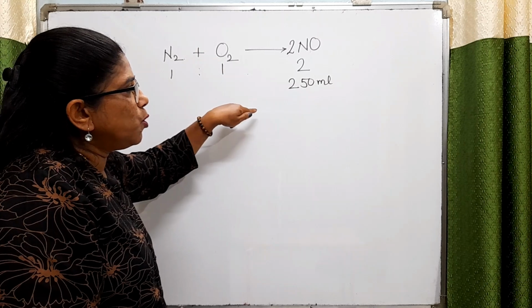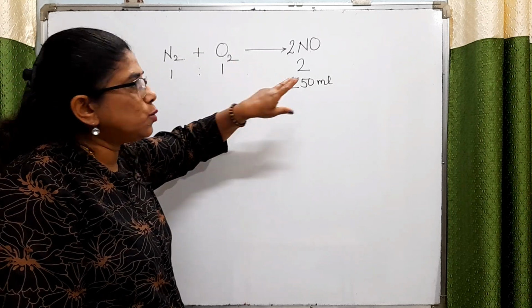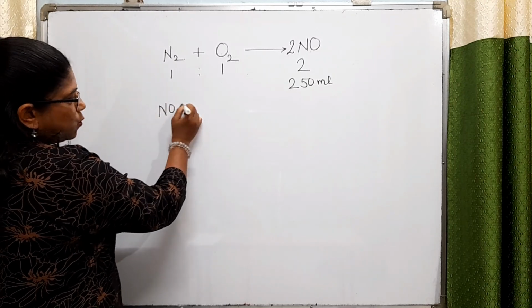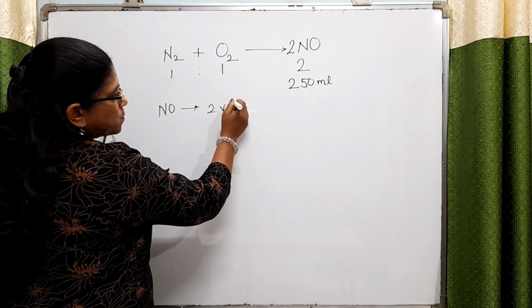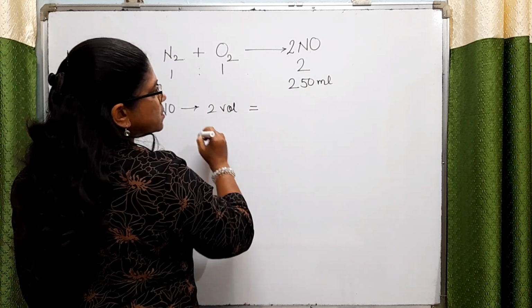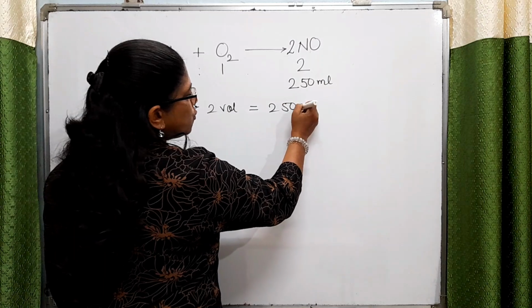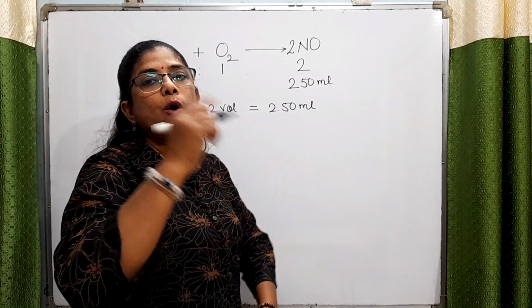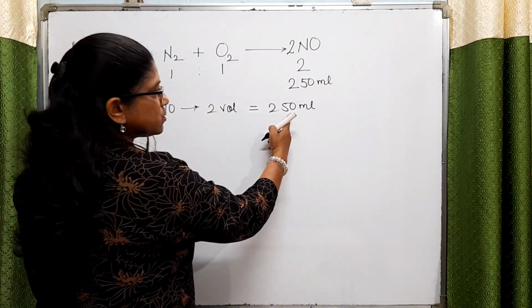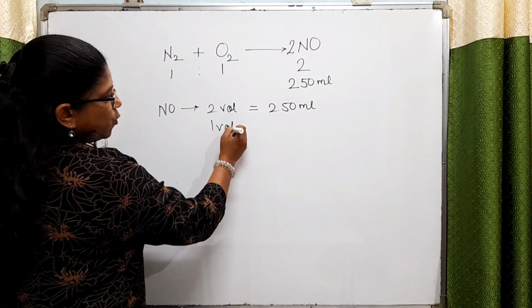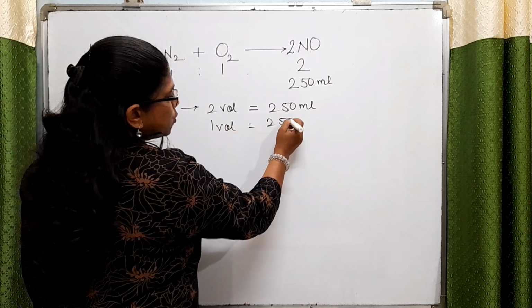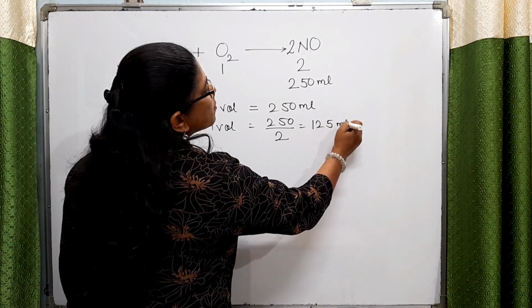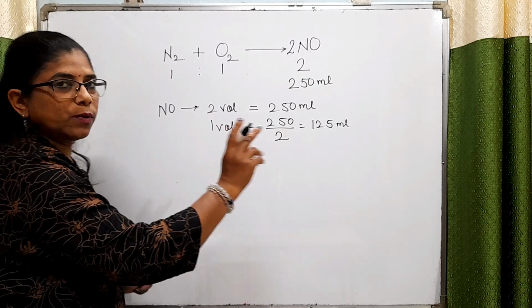The nitric oxide which is formed is 2 volumes, and this 2 volumes is equal to 250 ml. So in this reaction, what is going to be the value of 1 volume? If 2 volumes is equal to 250, 1 volume is equal to 250 upon 2, that is 125 ml. 1 volume is equal to 125 ml.